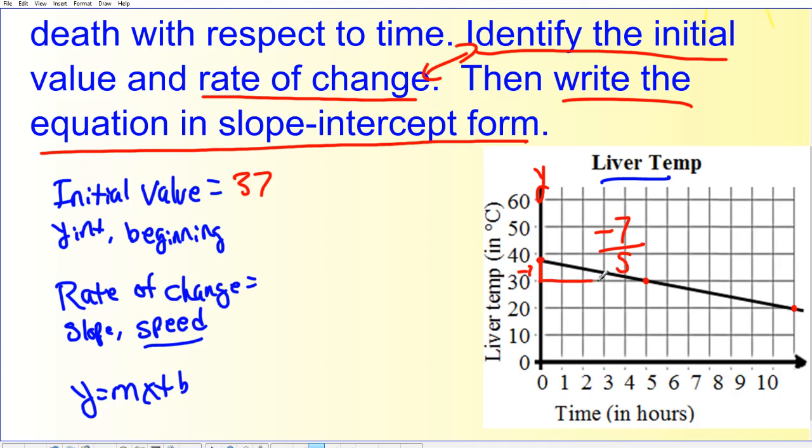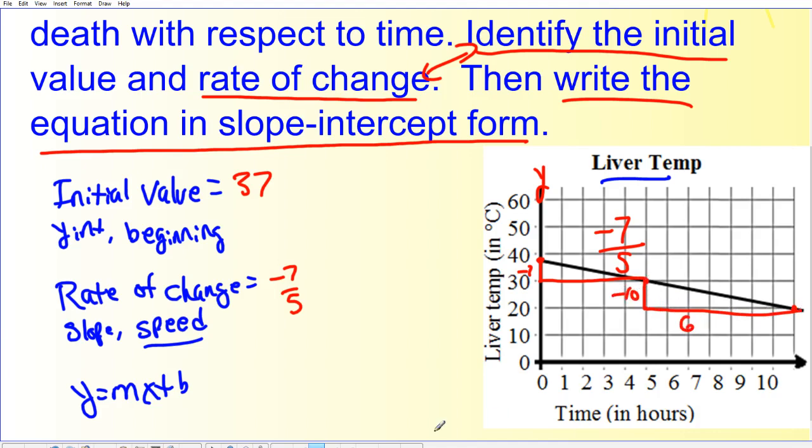That would be my rate of change. That would be the speed. Now, I'm curious if that's the same over here. This is, what, down 10 over 6?